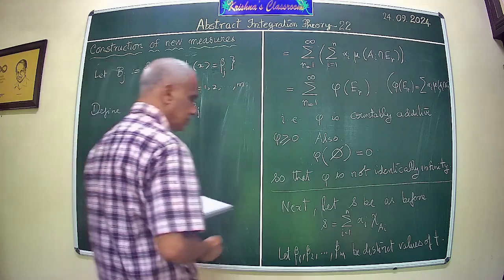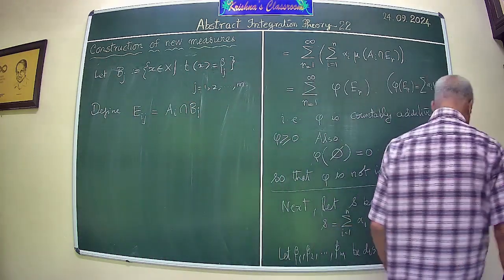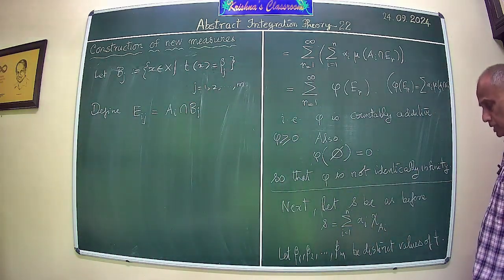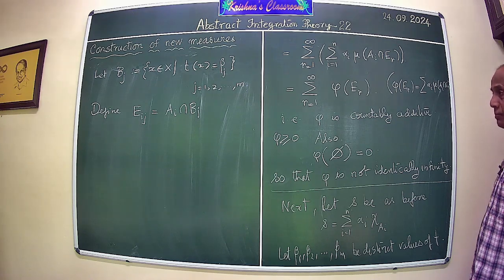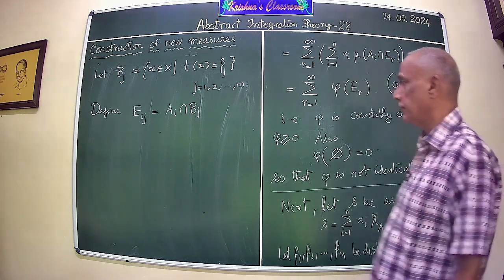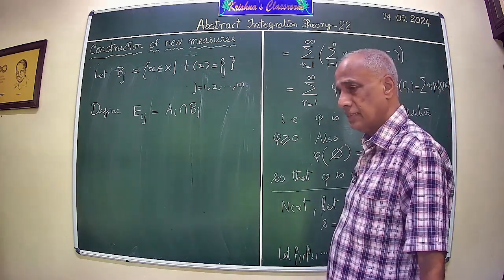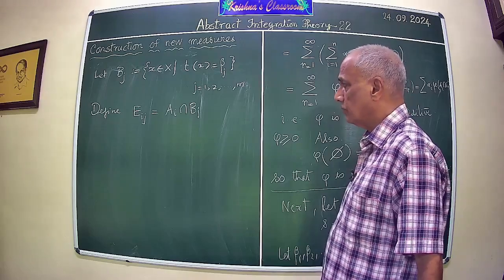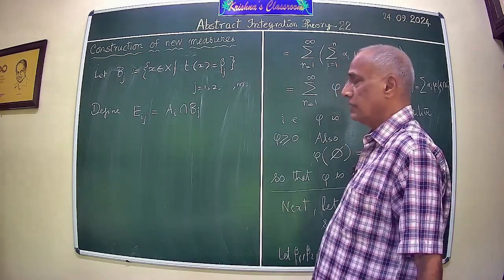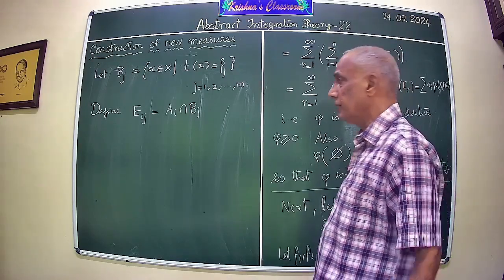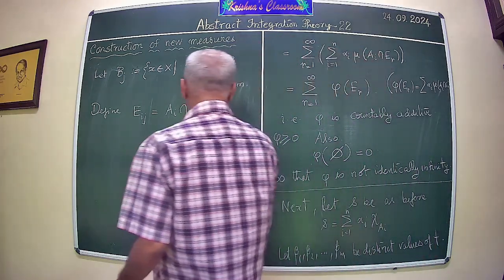We have now two collections of subsets, namely A_i's, n of them are there, and B_j's, m of them are there. Therefore, you get E_ij, which is m into n, mn types of this are there.